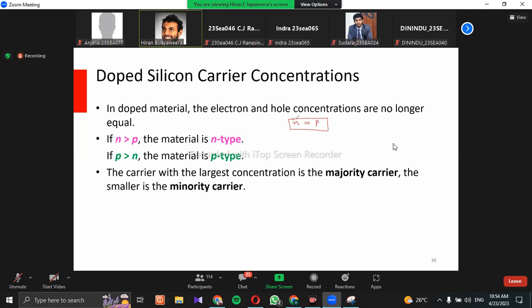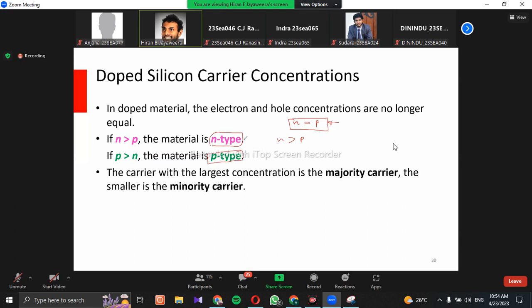So this is pure material. And in the case of material having a large number of n compared to p, that is, if you dope with donor material, like from the 5th group, free electrons are higher than free holes. In that case, we call it N-type material. If it is the other way around, we call it P-type material.